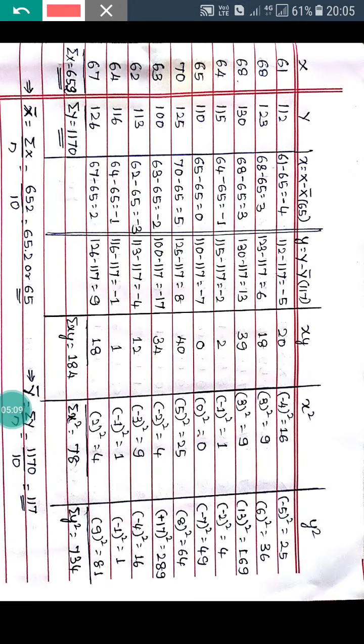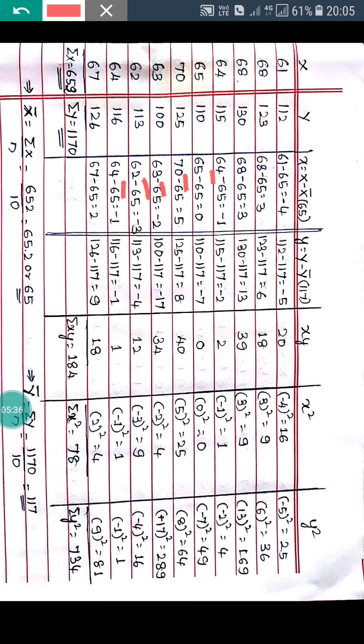After that, 64 minus 65 equals minus 1. Next, 65 minus 65 equals 0. Next, 70 minus 65 equals 5. Next, 63 minus 65 equals minus 2.